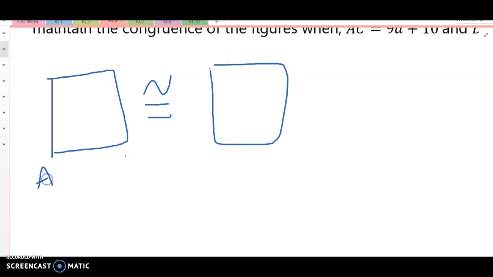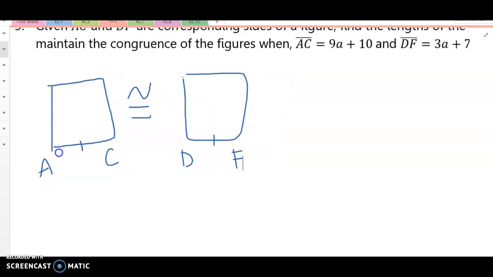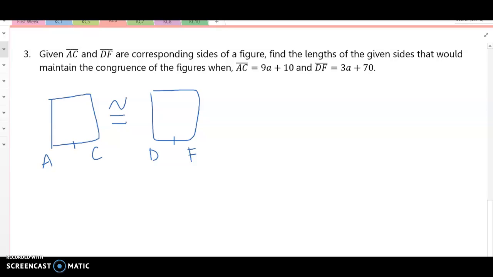So AC and DF, corresponding sides, they're the same length because they're in the same position on our two figures that are congruent to each other.